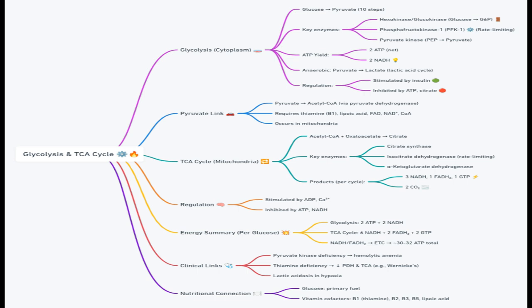And then from pyruvate to acetaldehyde, where acetaldehyde is converted to ethanol by alcohol dehydrogenase, utilizing NADH and hydrogen ions to form NAD plus. That's the alcohol fermentation.